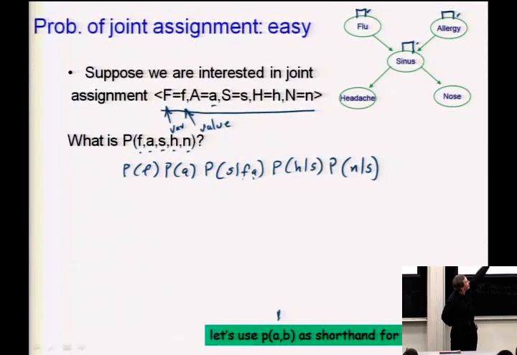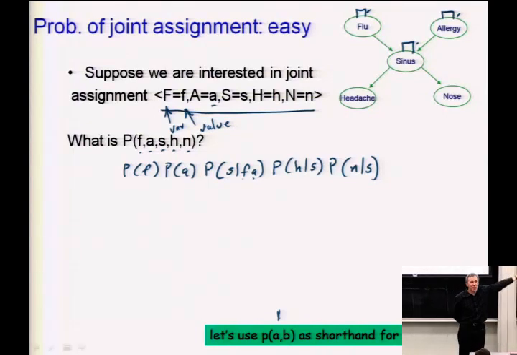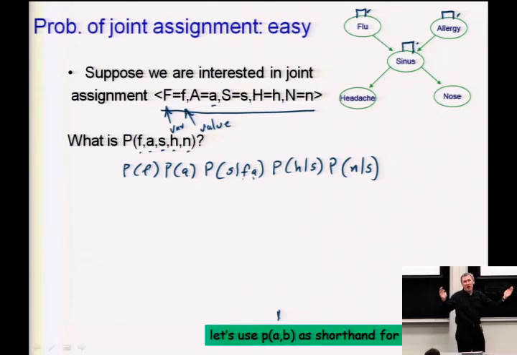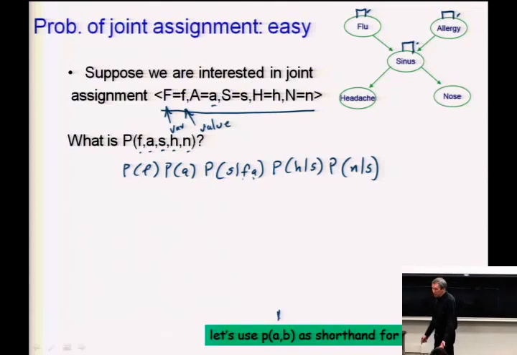It's just linear in the number of variables in the Bayes net, because we're just multiplying together for each node in the network some number that we look up out of its conditional probability table. So we have 5 numbers to multiply together. We'll have a product which is as long as the number of nodes in our Bayes net. So it's linear in the number of nodes in the network.